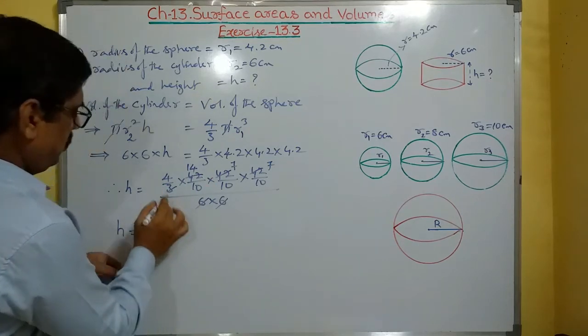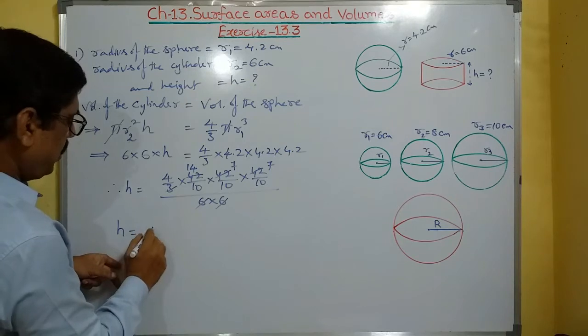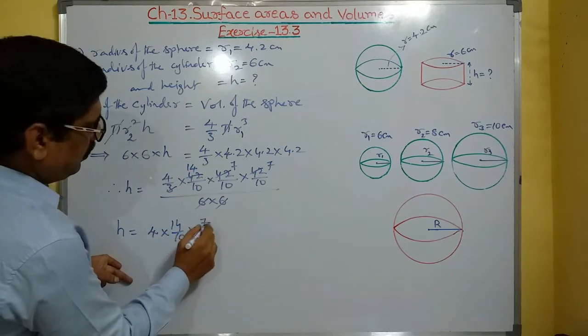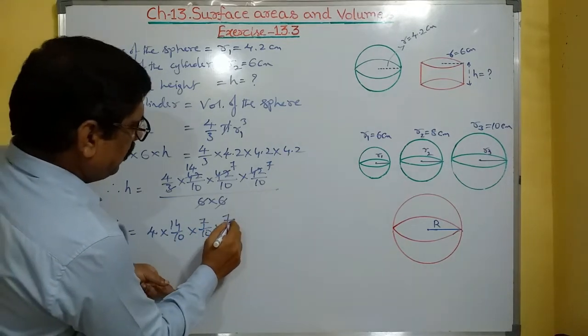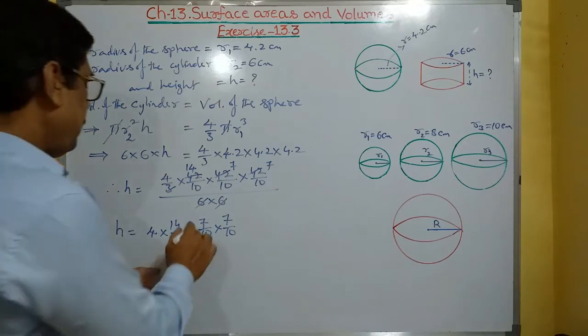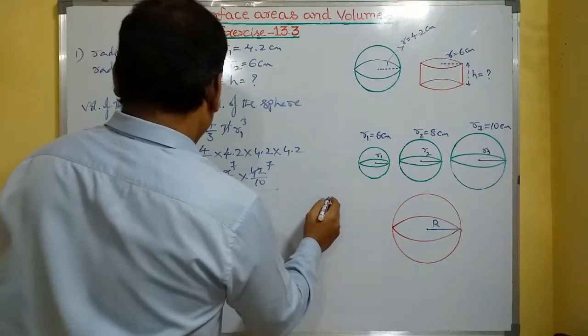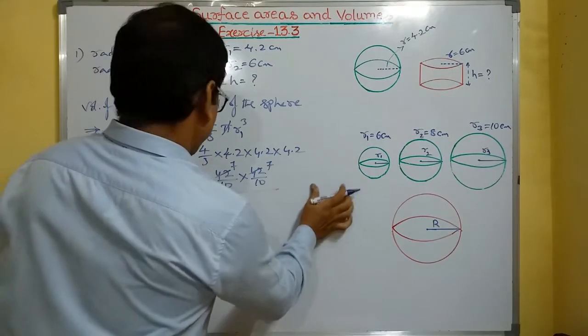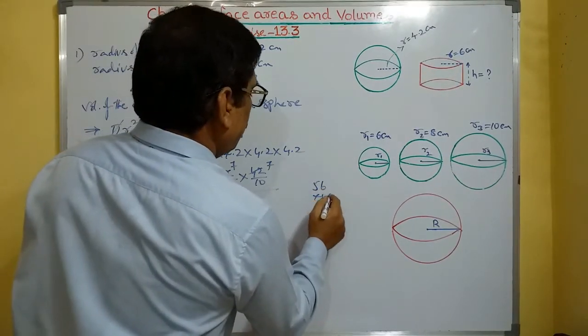So, we get 4 into 14 by 10 into 7 by 10 into 7 by 10. So, therefore, what can we write? 7 7s are 49. 14 4s are 56. 56 into 49.